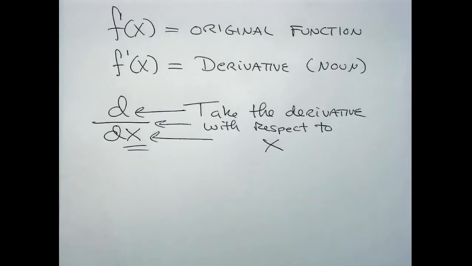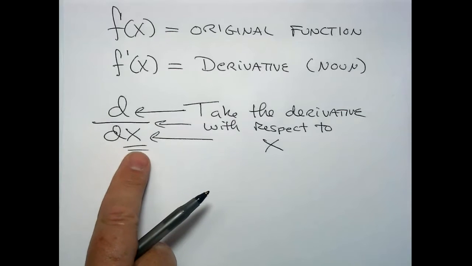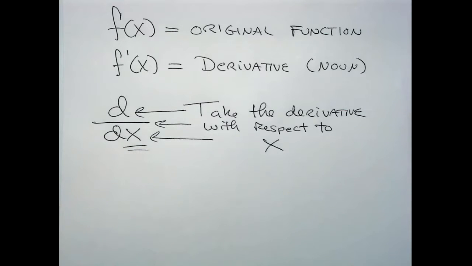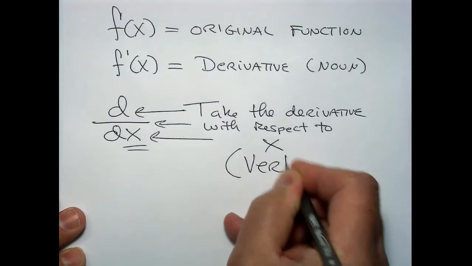So the d on top is kind of my action, take a derivative with respect to, and why are we saying that? We're reminding ourselves what the independent variable is. Oftentimes it's x, some other times it's t and s and other variables. So I want to remind myself what the independent variable is, and that's how we do that with derivatives. So watch what happens, and this is a verb, an action verb.